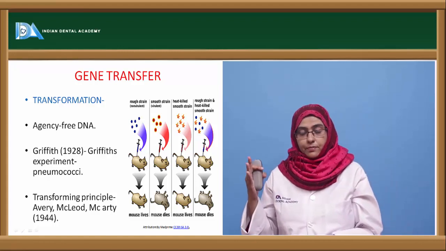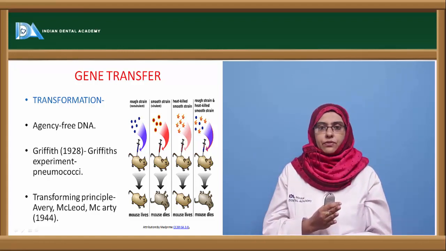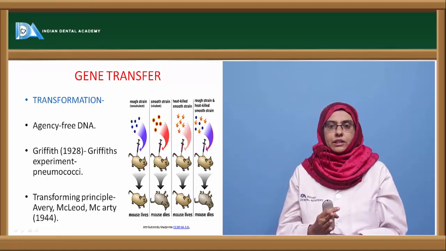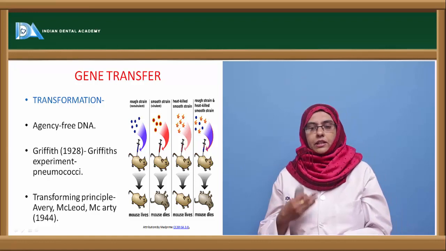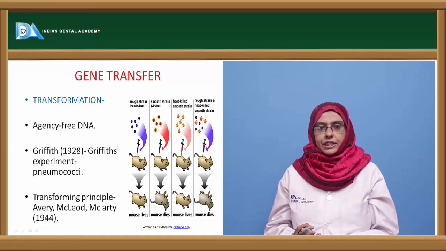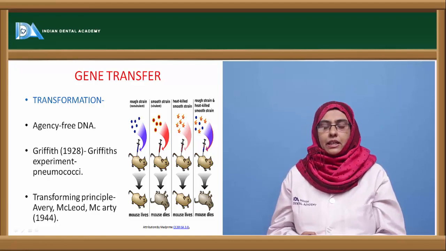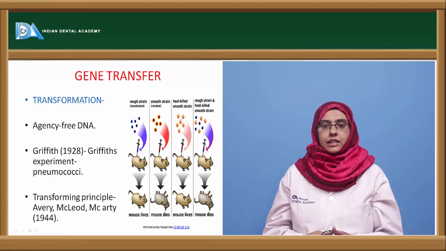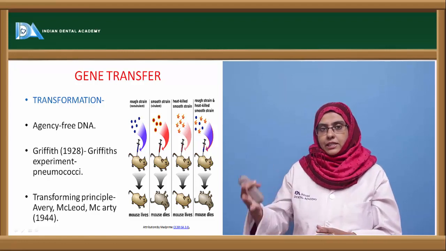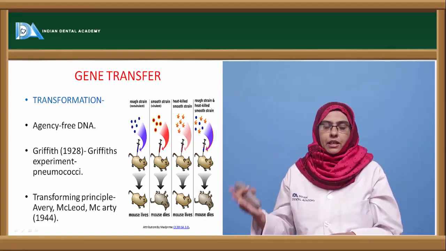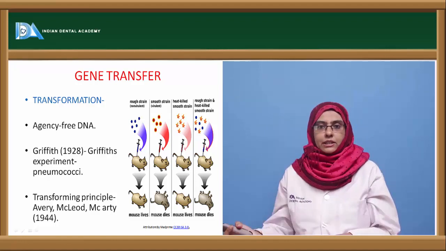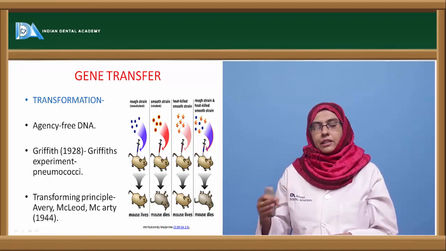Later on, experimental work was carried out by Hershey and Chase using bacteriophages, and they showed that it is the DNA that acts as the genetic material and not the proteins. So finally it was confirmed that DNA is the genetic material, and this DNA can be transferred from one generation to the other and from one cell to the other, taking part in recombination.